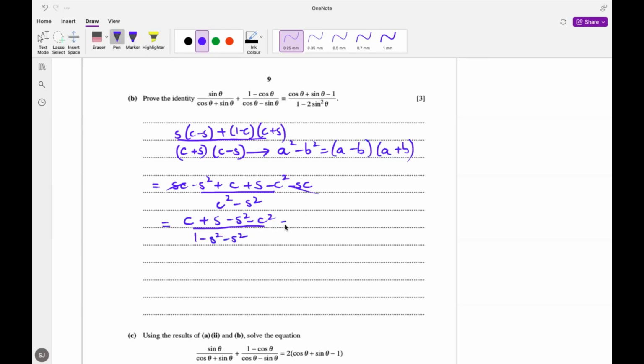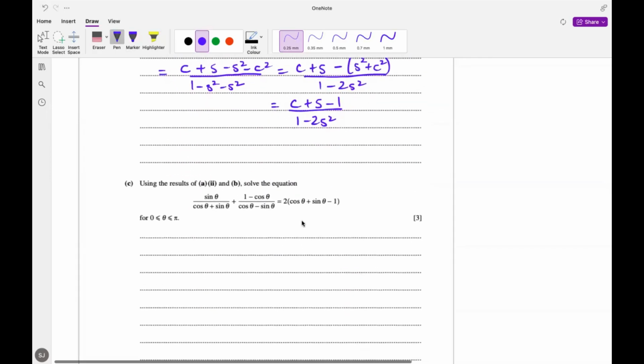Now as we needed 1 in the numerator, we can take the negative sign common and write sine squared plus cos squared upon 1 minus 2 sine squared, as sine squared plus cos squared equals 1. So we can write this as cos plus sine minus 1 upon 1 minus 2 sine squared, which was the identity that we had to prove.